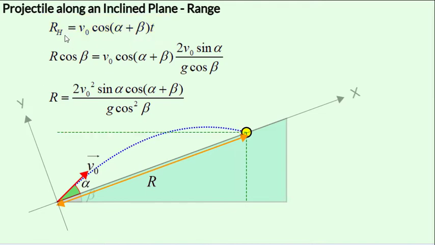Now RH is r cos beta, and the time of flight we had already computed as 2 v0 sin alpha over g cos beta. And using this we arrive at exactly the same value of range. So if you understand these couple of steps, there is no need to memorize the range formula.